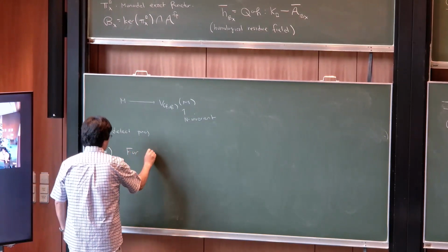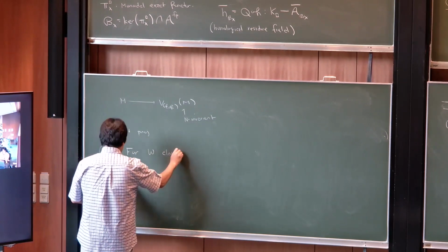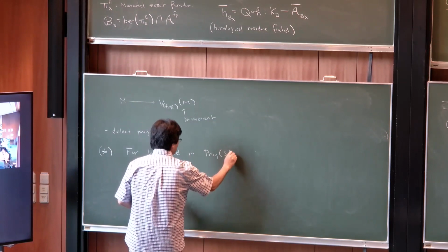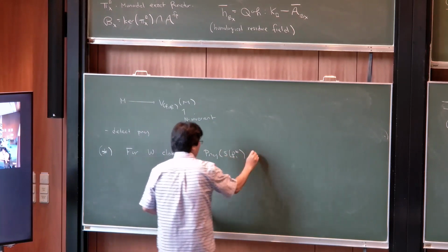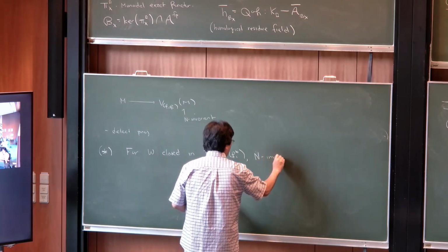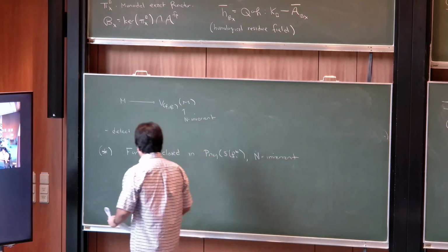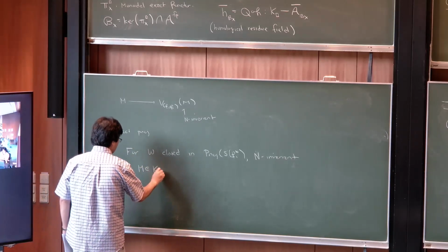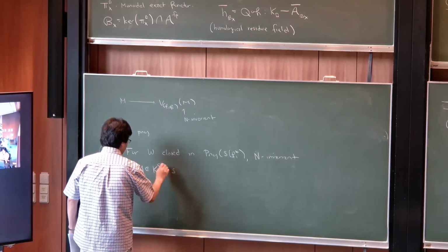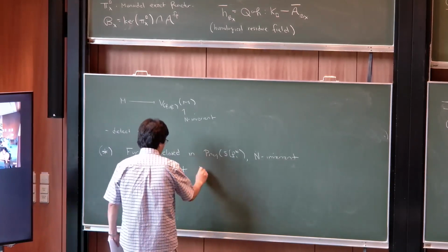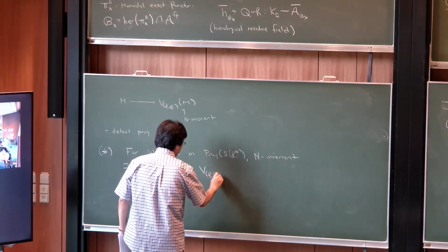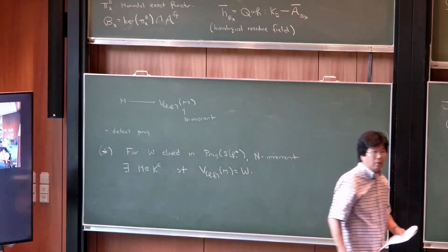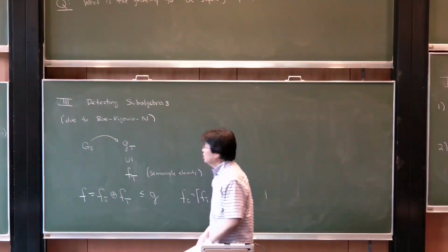Basically it says for W closed and Proj of S star also n-invariant, there exists a compact object such that the variety... So you need an equivariant version of realization.